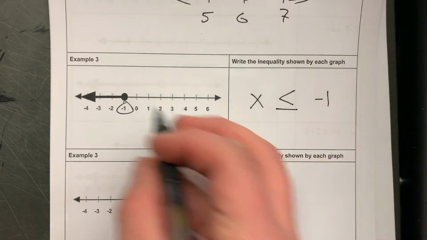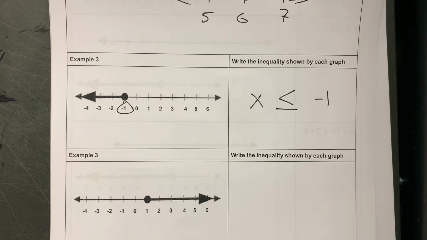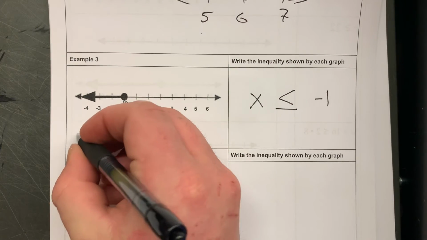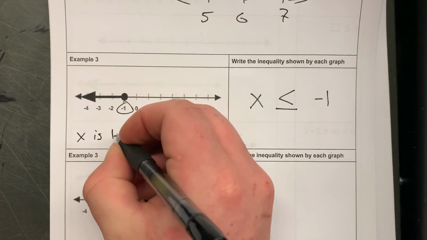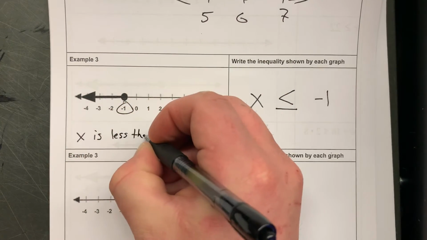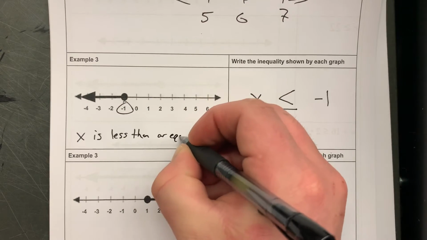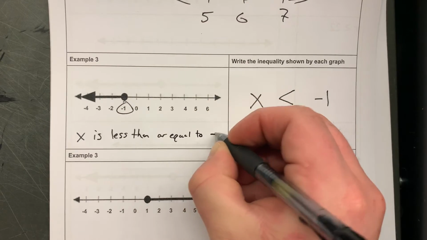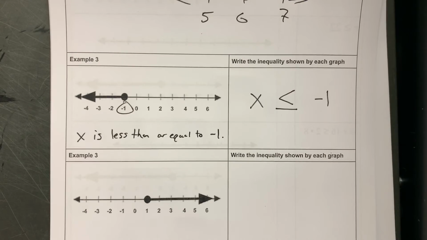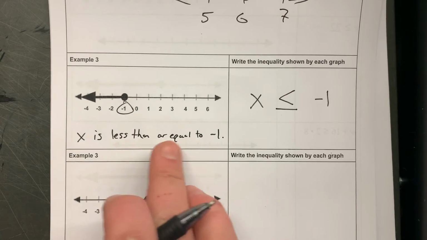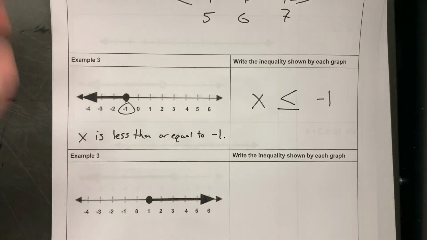I put my line underneath because this is a closed circle. So I can always write this out as x is less than or equal to -1, since it's a closed circle.